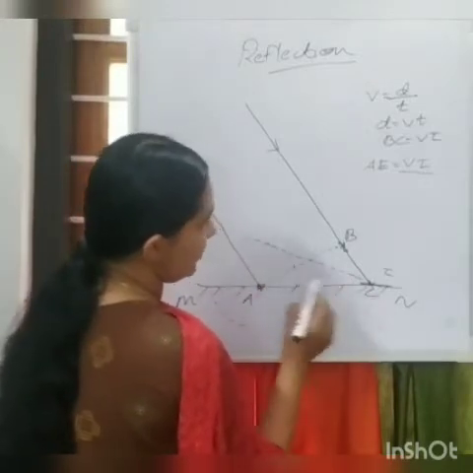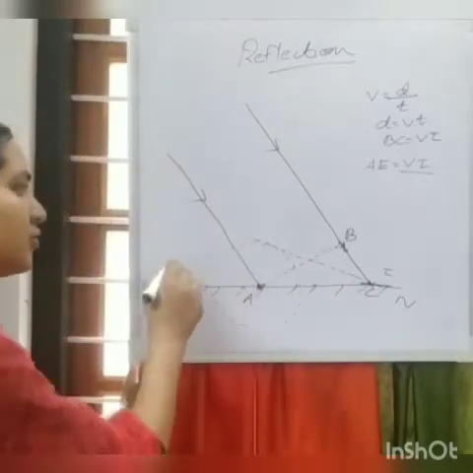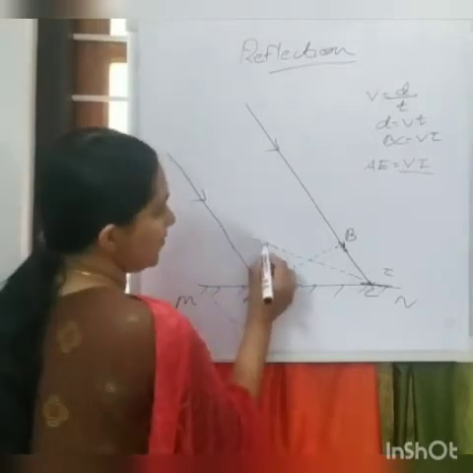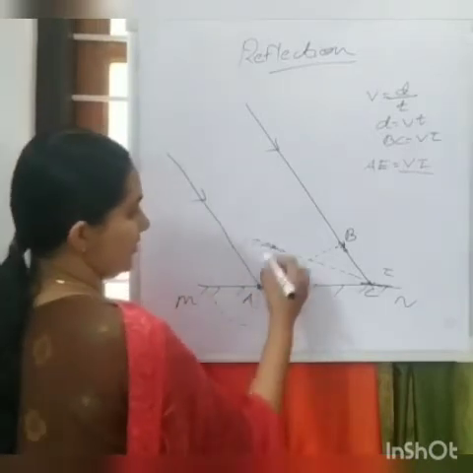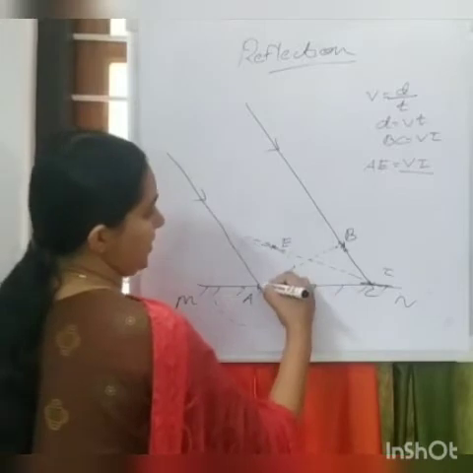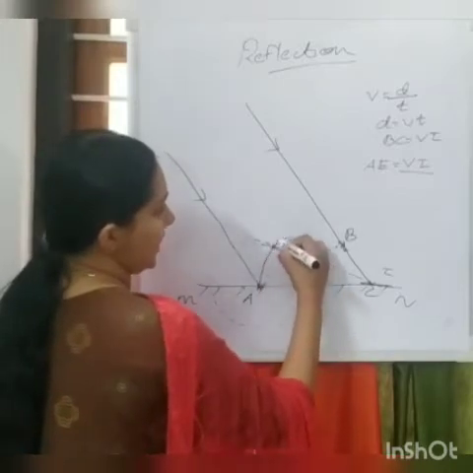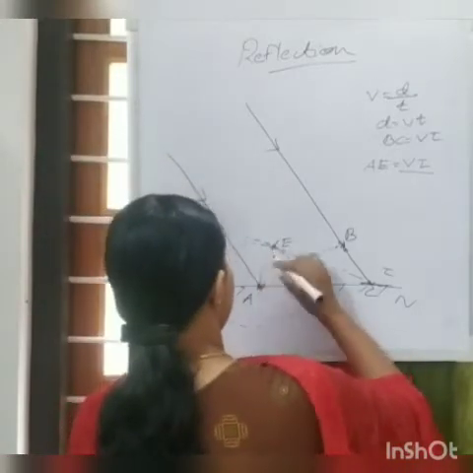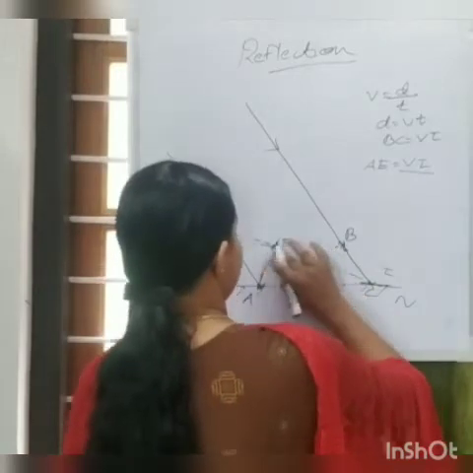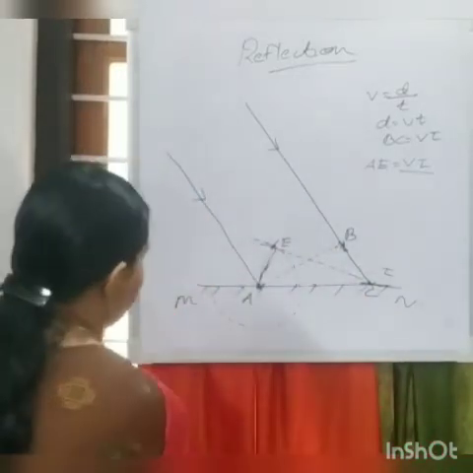This is the tangent drawn from C to this circle. So we will get this point as E. So this is the new direction of the wavefront.